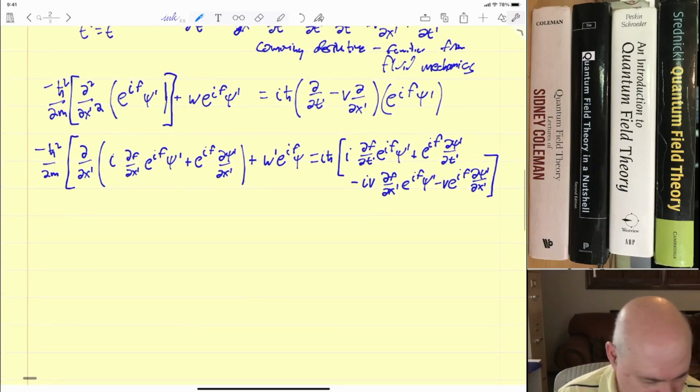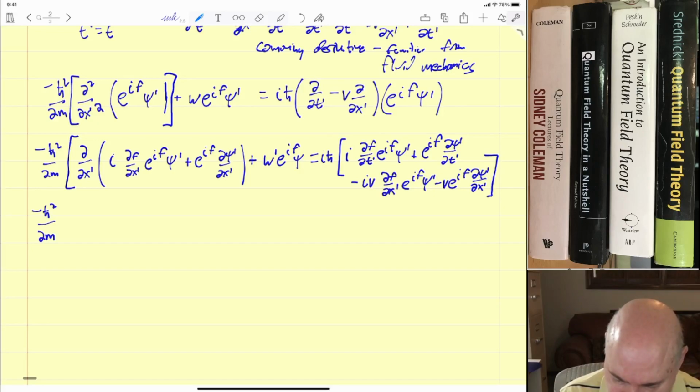So now I have one more derivative to take, I guess. So let's do it again. Minus h bar squared over 2m. And now let's see how many terms we're going to get.